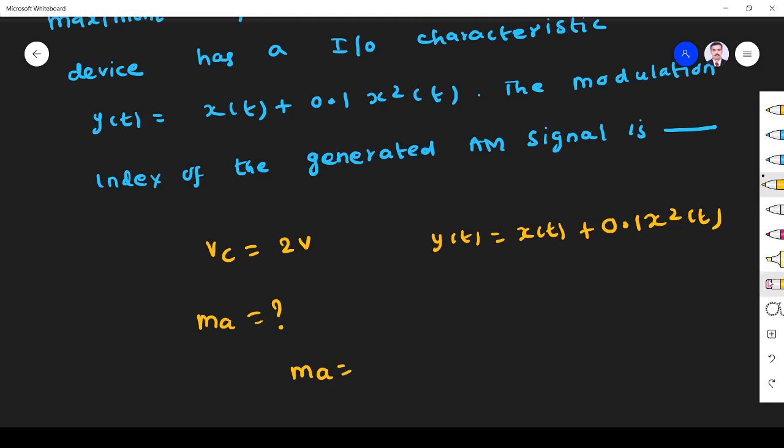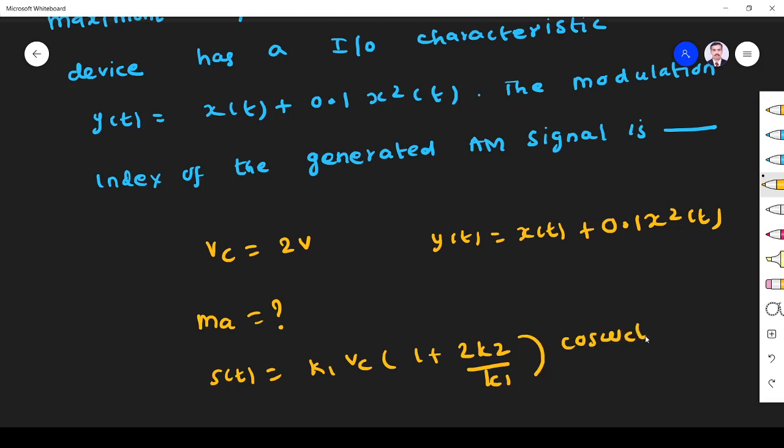So I know the general form of the AM wave as per the standard. The standard form of S of t from the square law modulator is K1 Vc [1 + 2K2/K1 m(t)] cos omega_c t. This is the general form of the AM wave generated by the square law modulator.